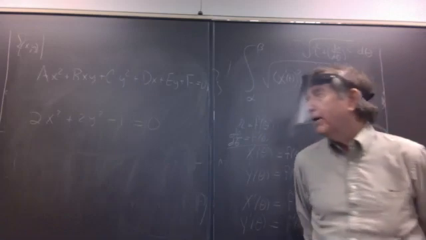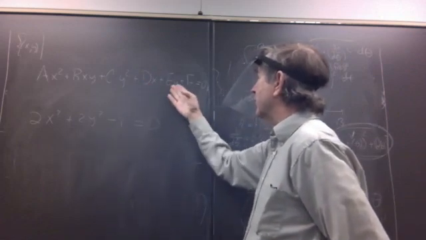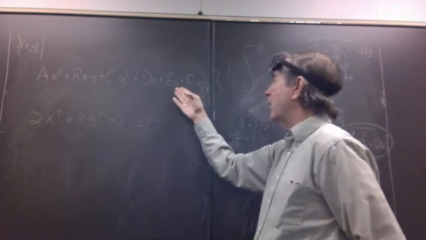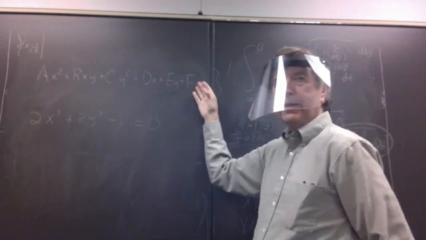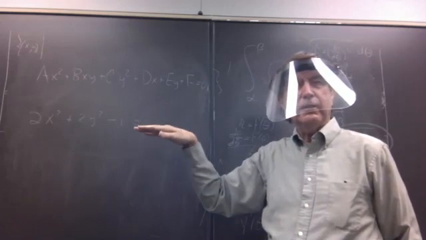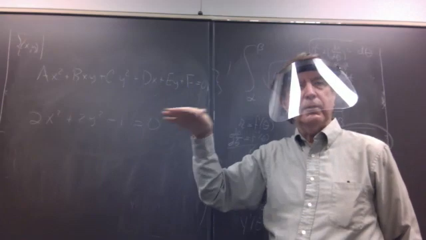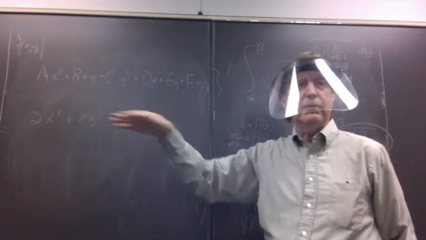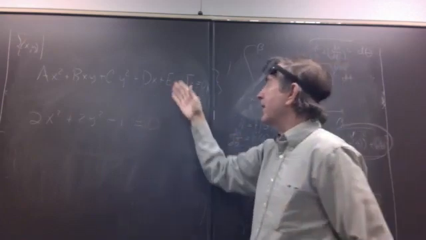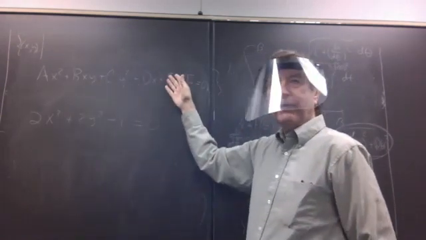But if I would let a lot of these things be zero and just say that all of them be zero except for this, I would get ey is minus f. Is that a horizontal line or a vertical line? If y equals a constant, is that horizontal or vertical? Y equals a constant, that's horizontal. Okay. But if I let e be zero and A, B, and C, and did dx plus f, I get a vertical line.